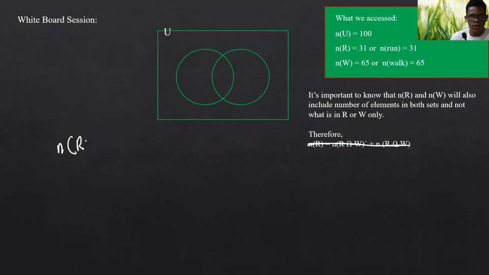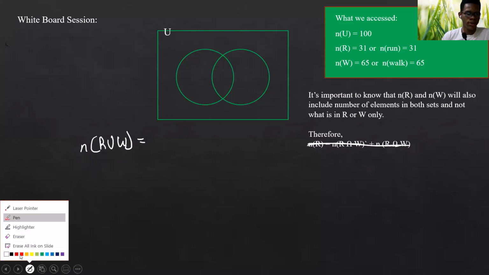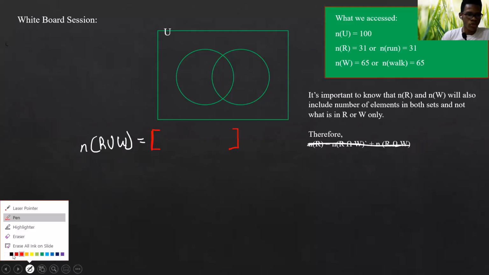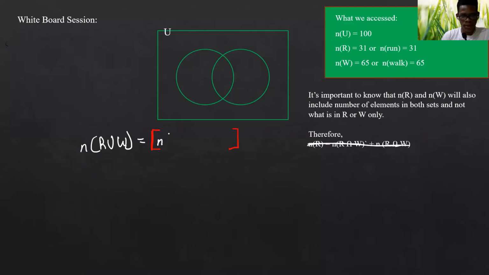The number of elements in the intersect between two sets, doesn't matter whether it's R or W, is usually equal to the sum of the two sets, so the number of elements in set R and the number of elements in set W, subtracted by the union.